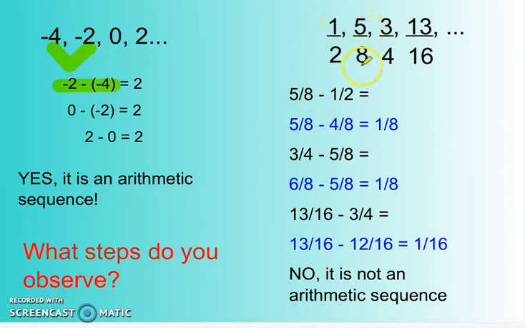So 5/8 is what we start with, minus 1/2. And notice 1/2 has been changed to 4/8, just so that we have a common denominator. Because remember, when we subtract fractions, we have to have a common denominator so that we can actually subtract those fractions.